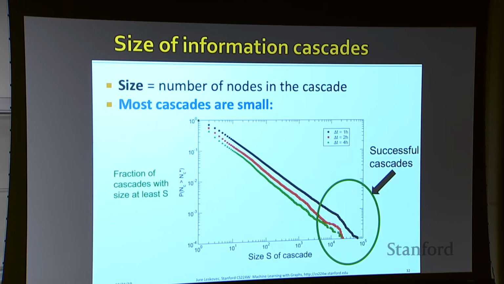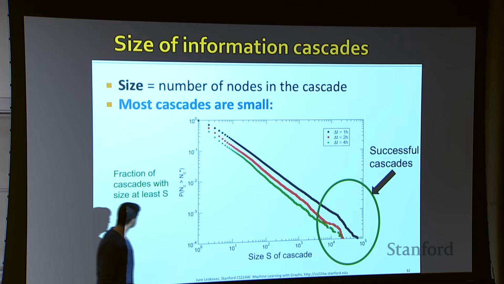So here is how you can analyze the success of cascades and how they did it. The property that the authors focus on was the size of the cascade tree, okay? Which is not necessarily the only property that you might want to analyze, but it's definitely the most intuitive one. You want to see how many people are retweeting or writing about a certain hashtag after a person has tweeted about it, okay?